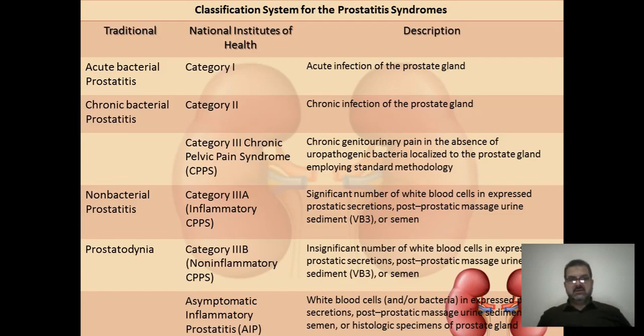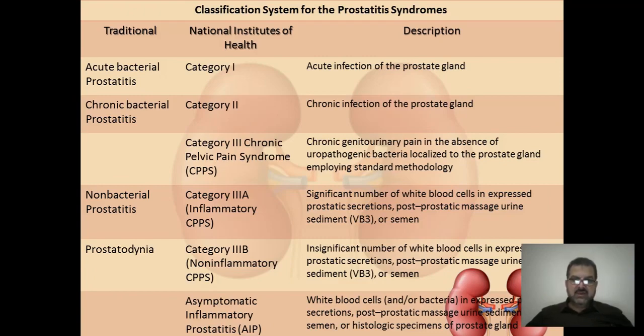We have acute bacterial prostatitis, where patients come with acute infection and severe symptoms. This is acute prostatitis, category 1. We also have chronic bacterial prostatitis, where you will find bacteria in the prostatic secretion.